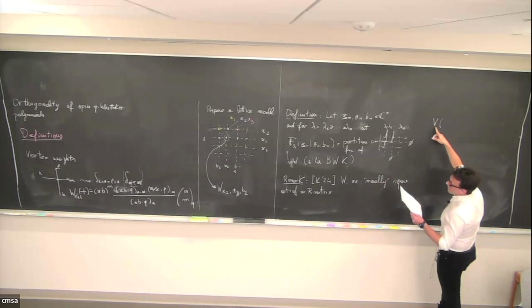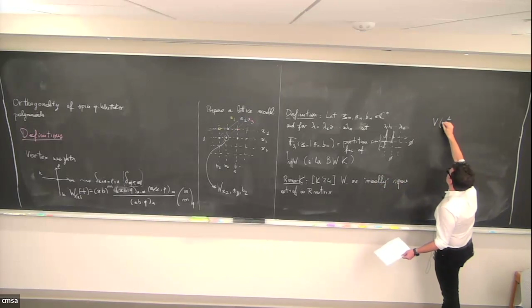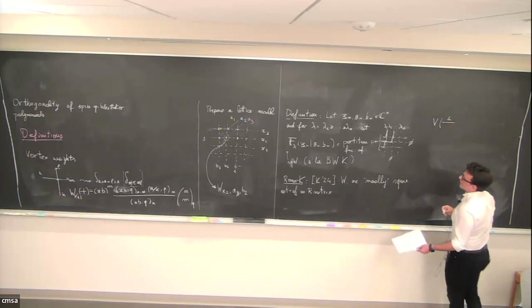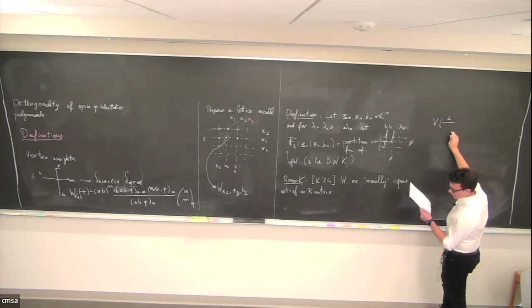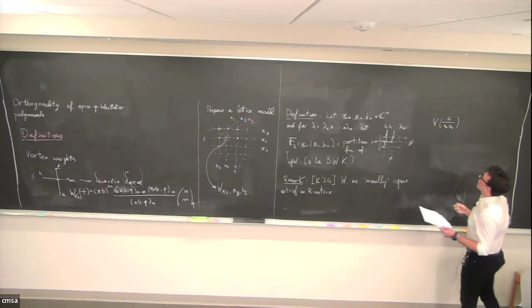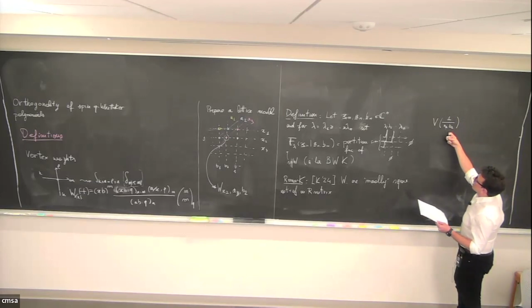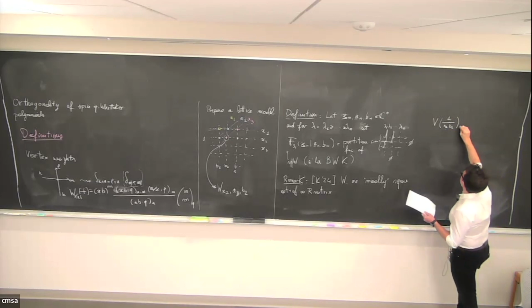So this is going to be a Verma module of U_q sl2 hat. He actually also proved it for SLn, I think, but for this case we don't need this generality. So the Verma module comes with a parameter, and in this case we take the parameter to be 1 over A1 B1. And since this is a module of an affine Lie algebra, it also comes with a spectral parameter, which in this case is A1 divided by B1.